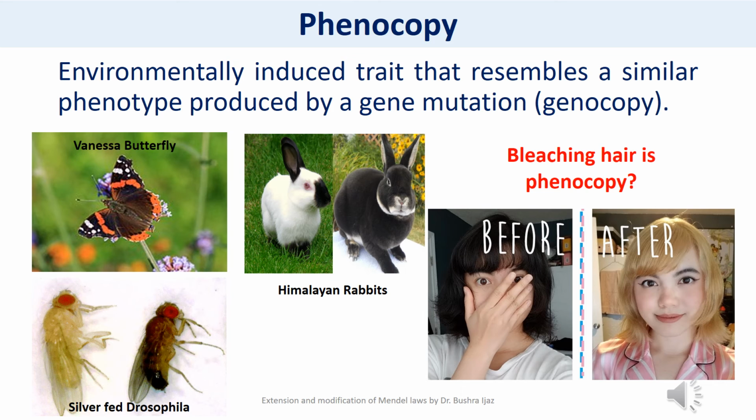However, in 1939, it was discovered that if the larvae of normal flies, which don't have a mutation in any of their genes, were fed with silver salts, they would develop into yellow-bodied flies irrespective of their genotype. As you can see in the figure in the middle, we have a wild type fly which has this brown body color, and then we have this fly which developed from a larva that was fed with silver salt.